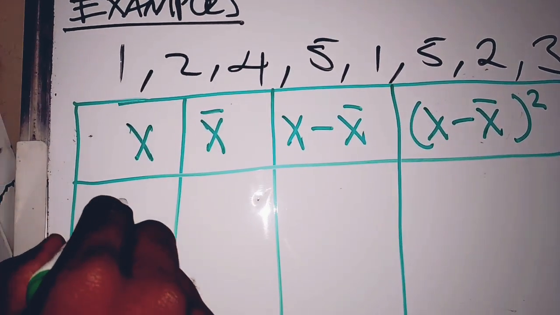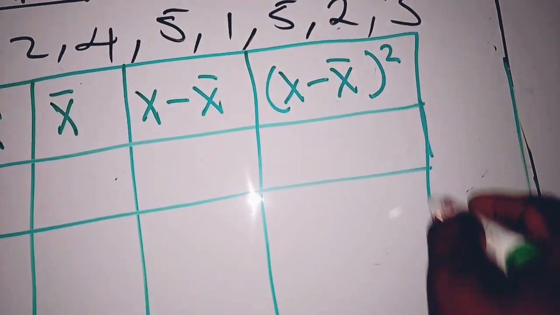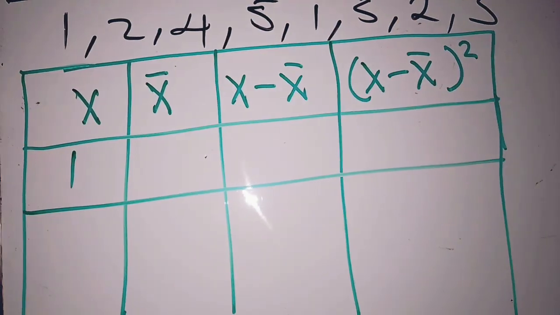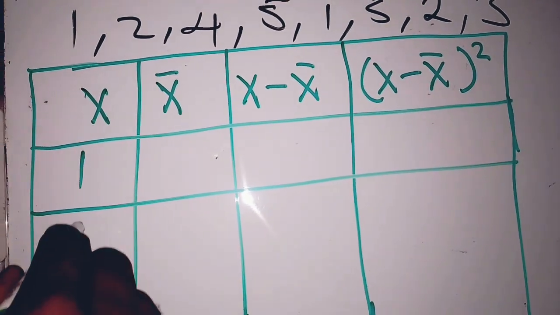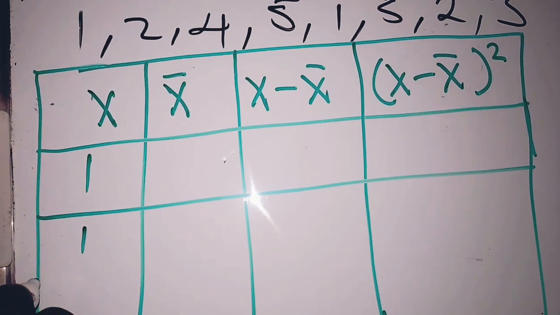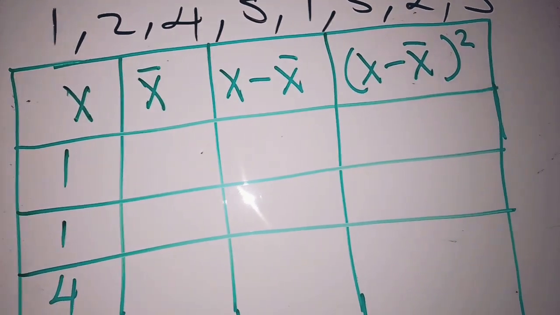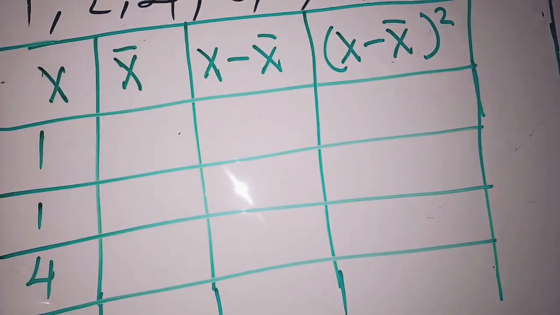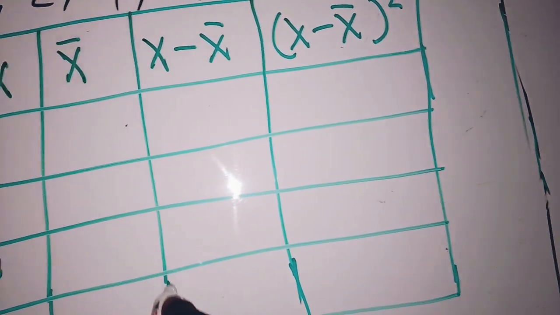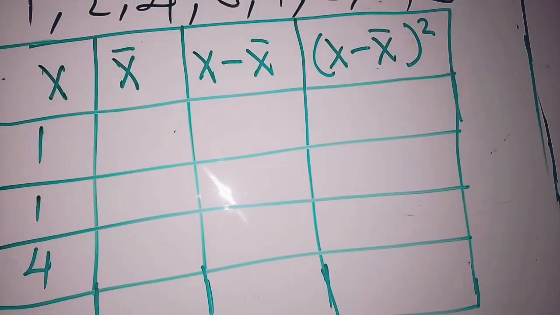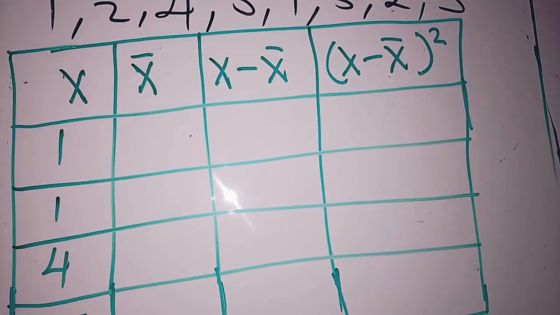We have got 1, 1, 1, 4, and then we have 5.